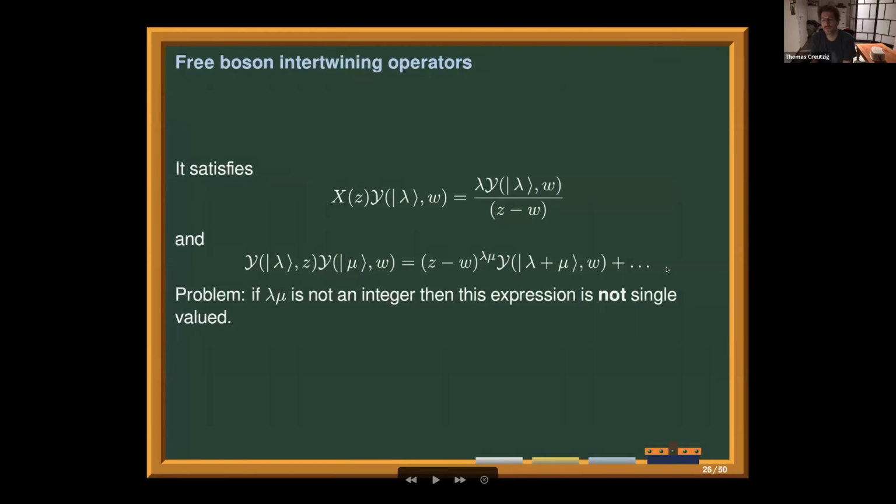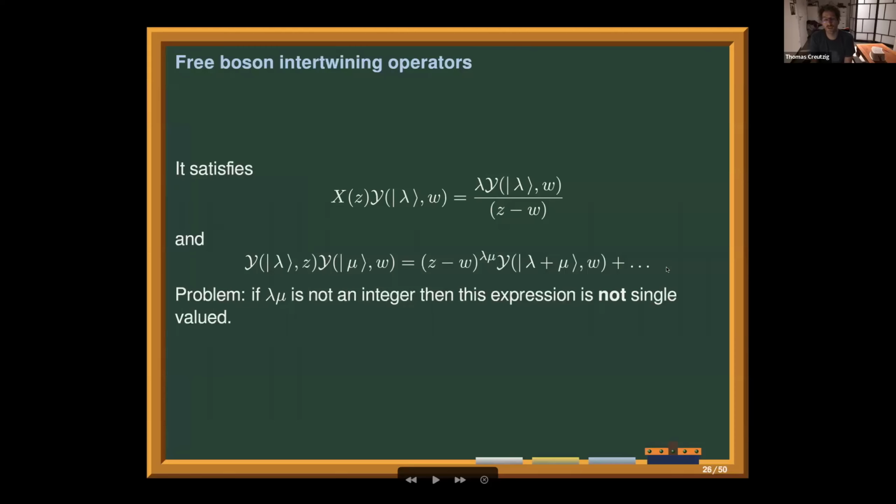If lambda times mu is not an integer, then if I swap the order, right, I have w minus z to the lambda mu instead, and swapping the order of the two fields changes the expression by a phase, by an e to the pi i lambda times mu. And that's a problem, right?